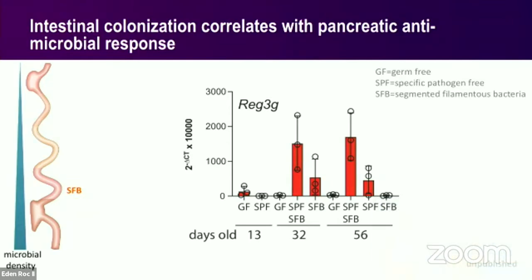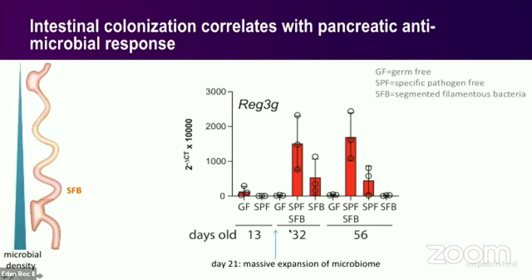Basically, we compared germ-free mice with specific pathogen-free mice, which just have the regular lab microbiome, over time: at 13 days of age, post-weaning at 4 weeks, and then 6 to 8 weeks. What you can see is that in the very beginning, the pancreatic Reg3 gamma is very low. But as the mice start to be colonized naturally, Reg3 gamma in the pancreas goes up.